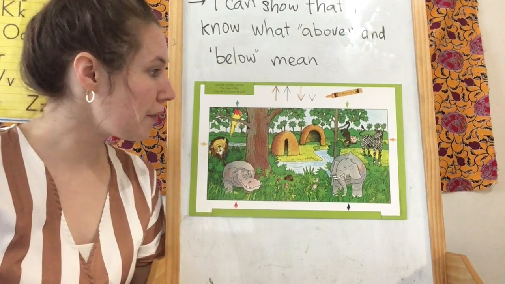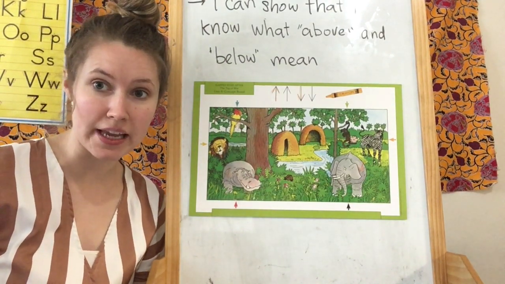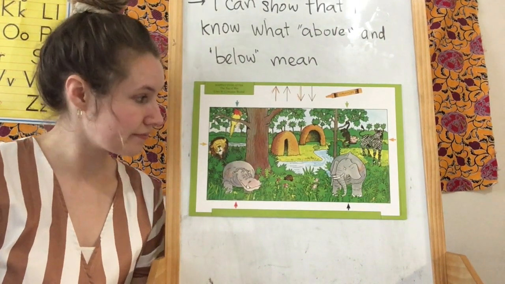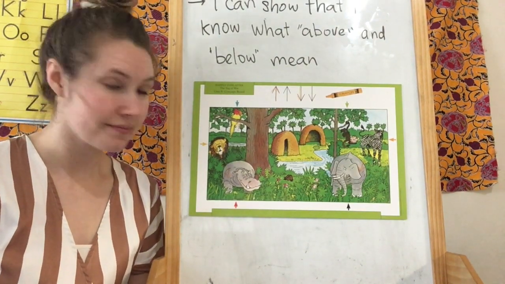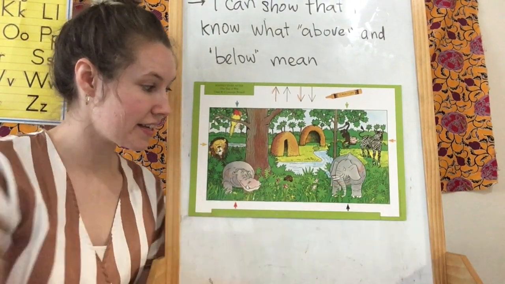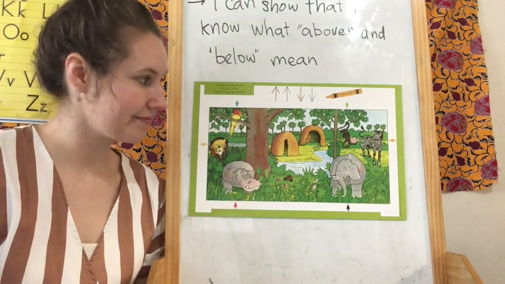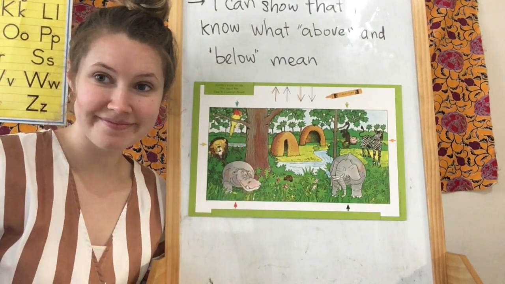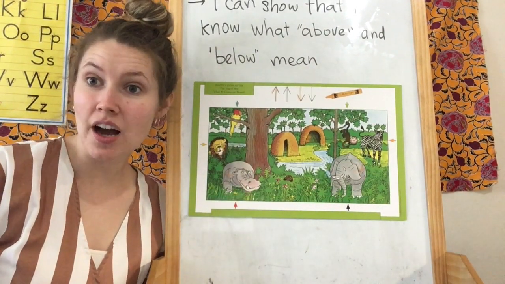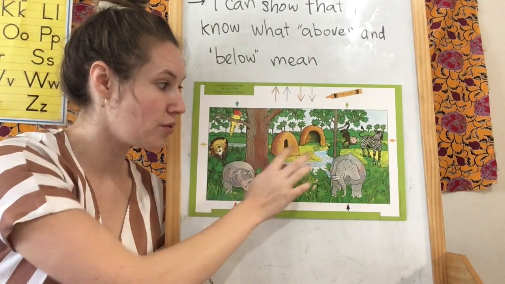Let's think about some of the wider or thinner animals that we see on this page. Which animals are wide? Maybe the hippo or the elephant? And which animals are much thinner? Maybe the monkey or the parrot. So we can talk about wide or thin with our animals, or we could talk about the doors.